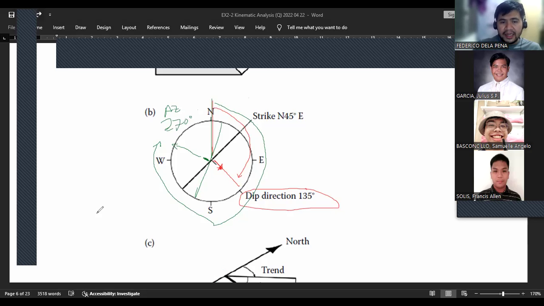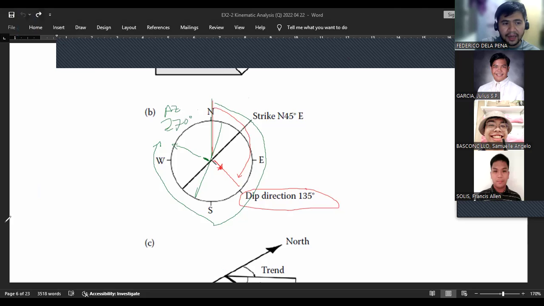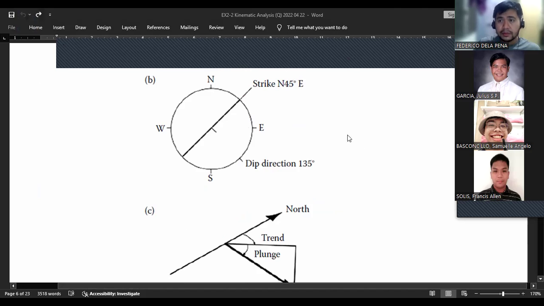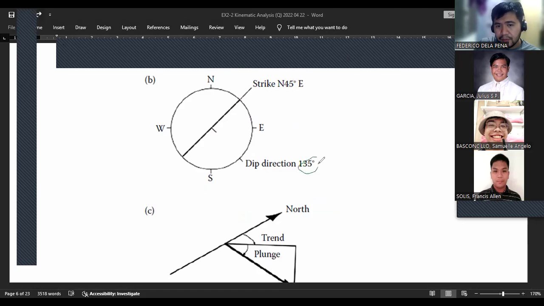Right? And this is what we use in engineering geology, and I think even in the mining industry, this is what they use. This notation has an advantage, especially in engineering, because for one, you just have to use a number to express the direction of the dip, and that would be easier to manipulate if you're using some software or some calculators as opposed to this North 45 East.